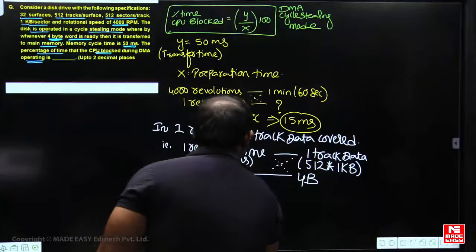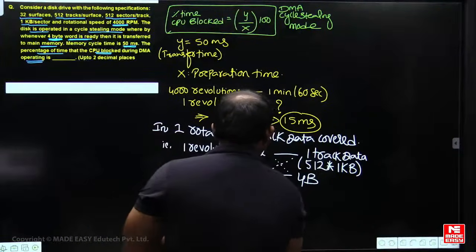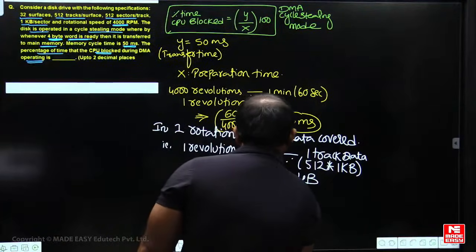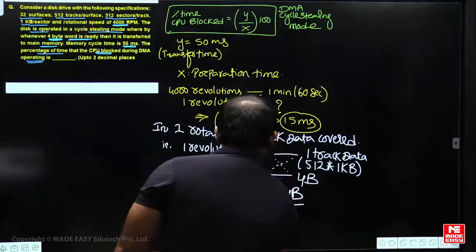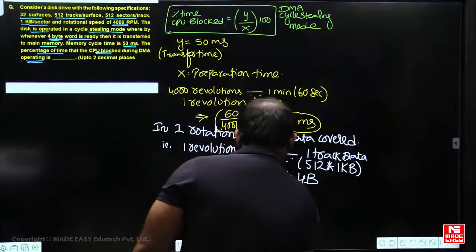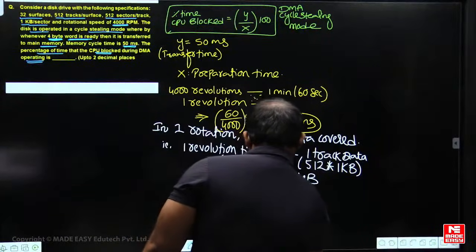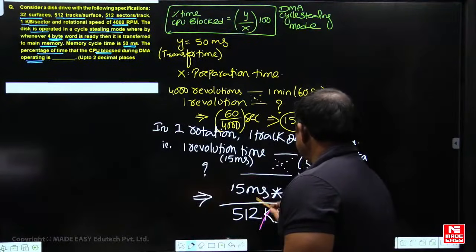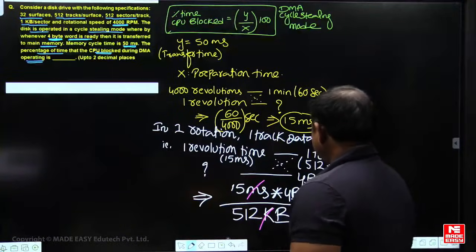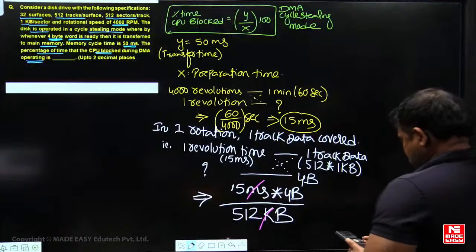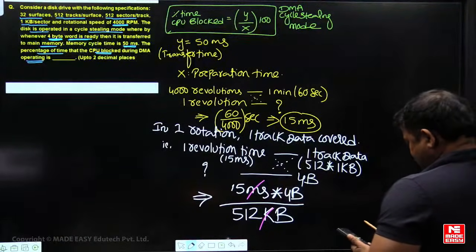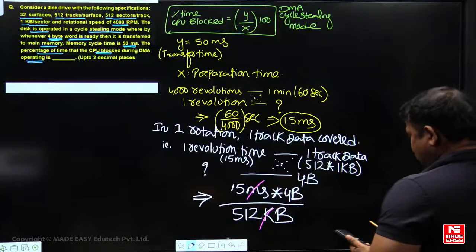This is equal to 15 milliseconds times 4 bytes upon 512 KB. The units cancel, right? 15 into 4 upon 512.